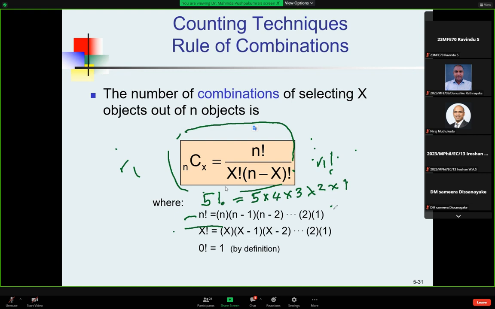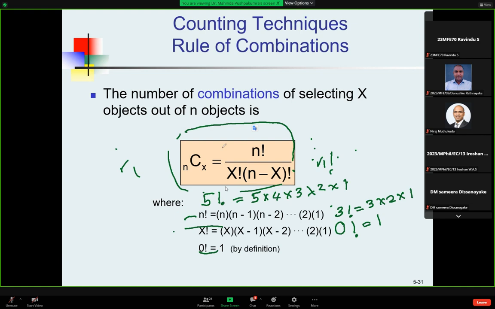Let's say x is equal to 3, then 3 factorial is equal to 3 into 2 into 1. By definition, 0 factorial is equal to 1.